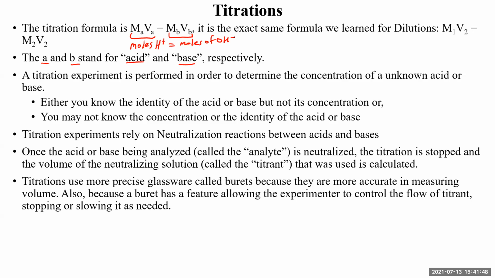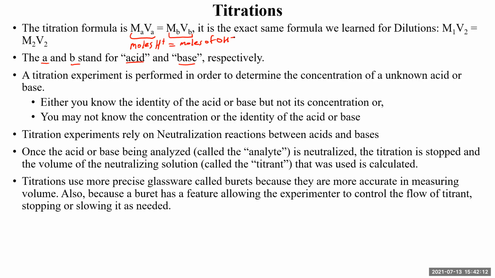Titration experiments rely on neutralization reactions. Recall that a neutralization reaction is just a regular old double displacement reaction, only in this case it happens to be between an acid and a base. But just like a double displacement reaction, we're going to see ions change partners. We're going to see two different compounds switch their positive ions between them.